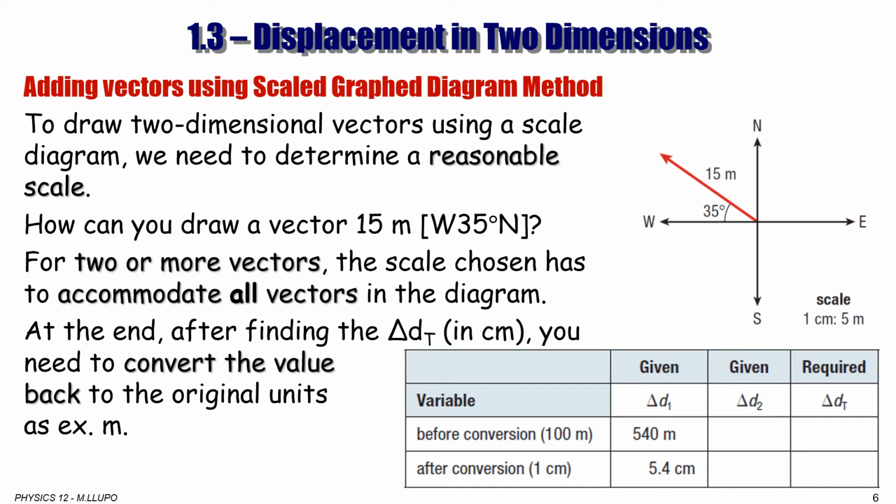If the total is 4 centimeters in your diagram, then you have to say that total is not 4 centimeters, but 400 meters. So in this example, the scale that I use is 1 centimeter with 100 meters, and you have to write it and follow that scale for all the vectors involved, not just one.